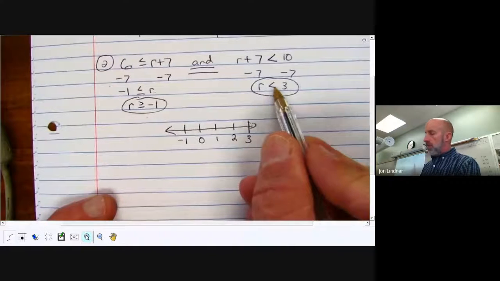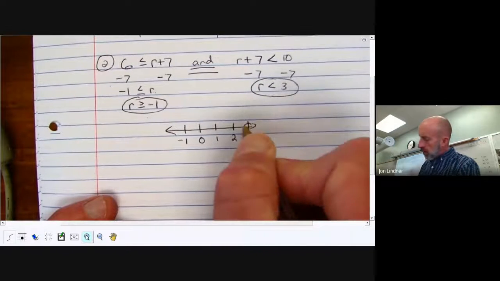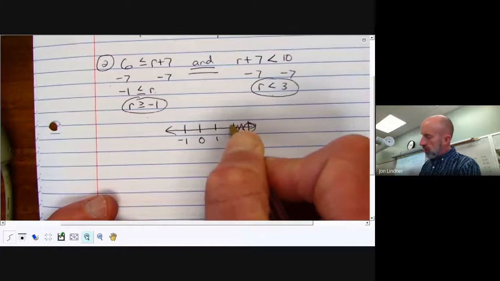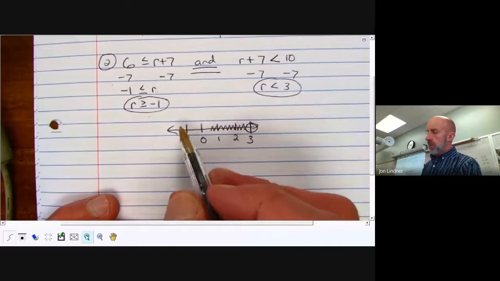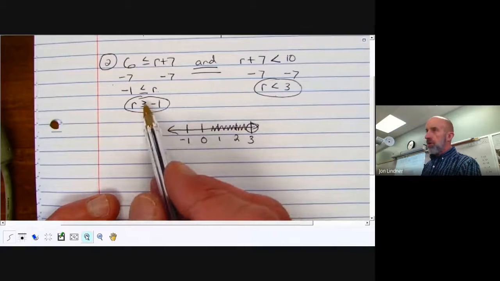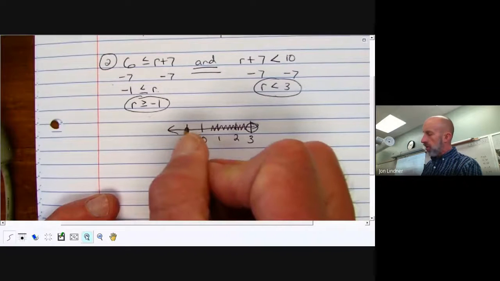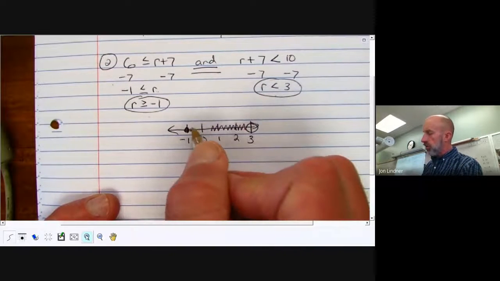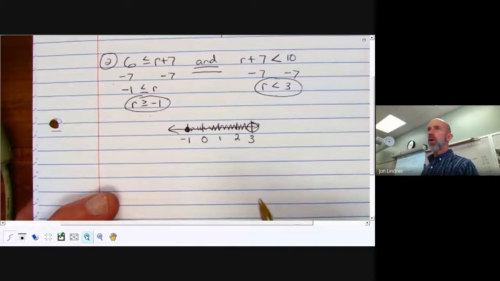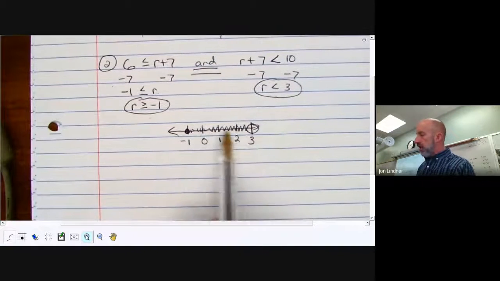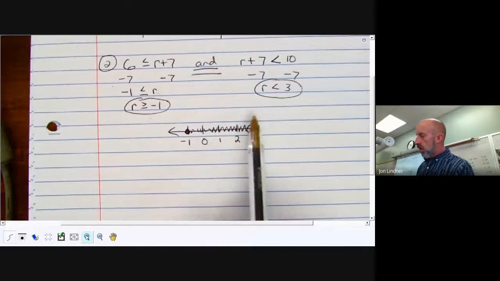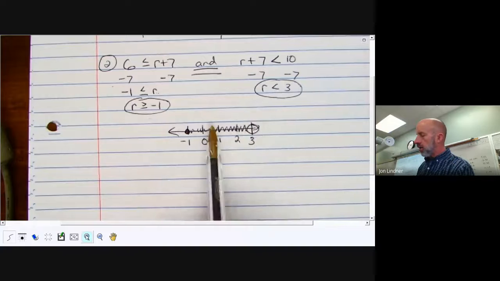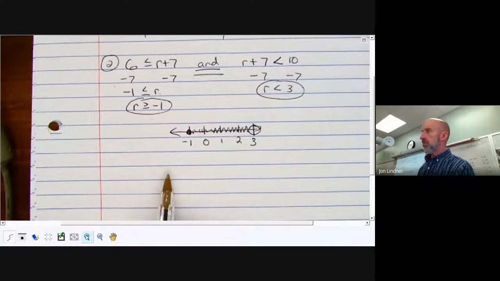So the numbers less than 3, open circle, shade to the left, and the numbers greater than or equal to -1 would be a colored in circle, shade to the right. It worked. All of these numbers in here meet both of these conditions. All of these numbers are less than 3 and bigger than -1.